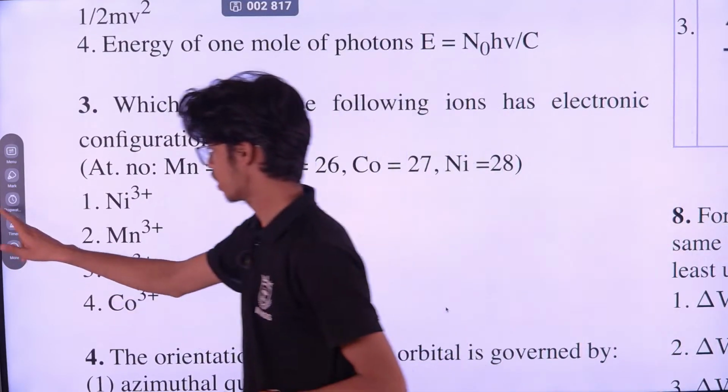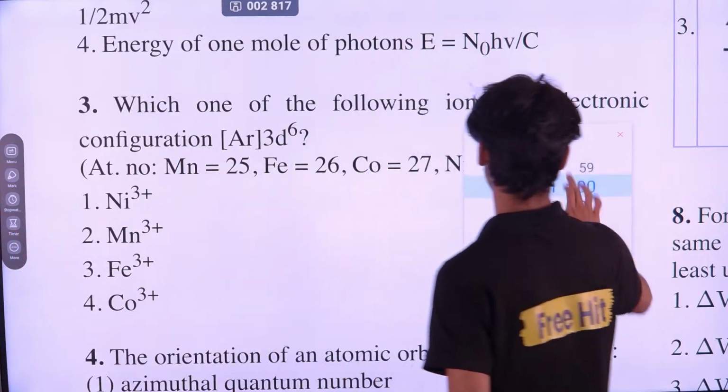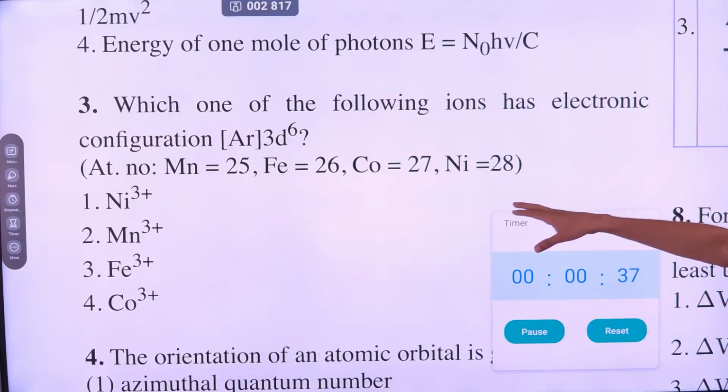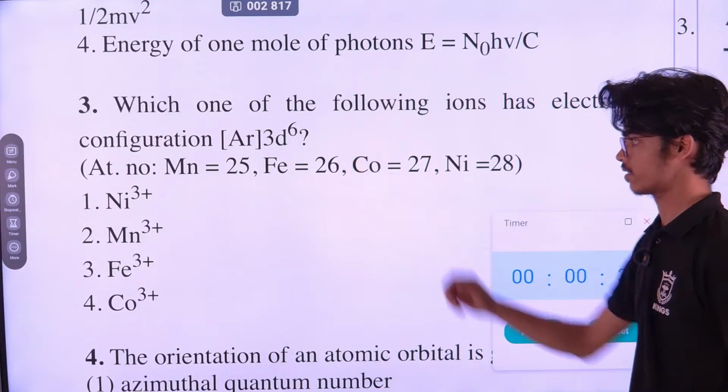Now let's go on to the next problem. Let me start the timer. Which one of the following ions has the electronic configuration Ar 3d6?